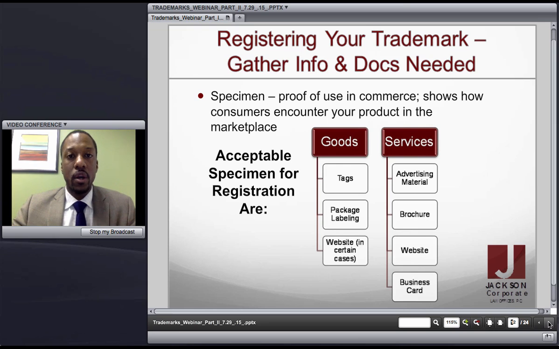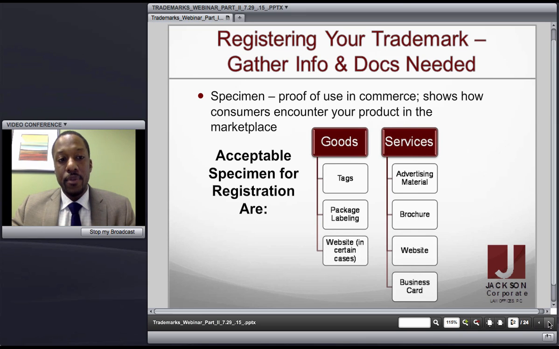So if you're producing t-shirts, having the logo on a tag, and not necessarily the tag that's sewn into the shirt, but maybe a price tag that's added to the shirt, or some other tag that is put on the shirt. Package and labeling, and then in certain cases you can use a website. And then for services, advertising material, brochures, websites, business cards.